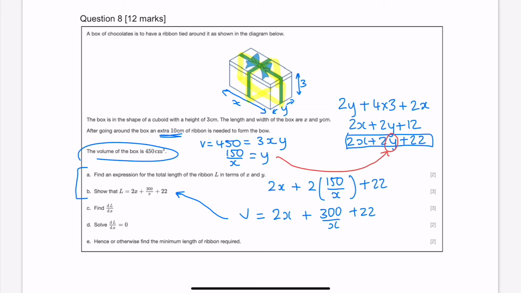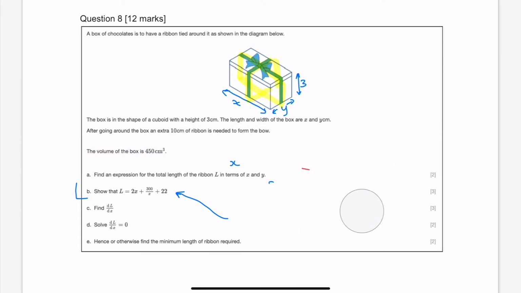So that's how you would do the algebra for A and B. It is very tricky, as I say, so you might want to skip that and just go straight to C, which was fine. So for C, we're finding the differential of L in relation to X. So if I just erase this part here. This is just a regular differentiation question.